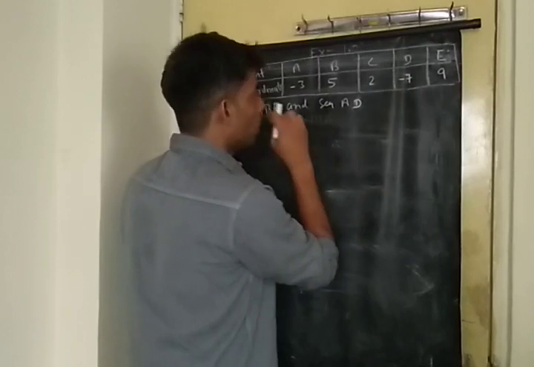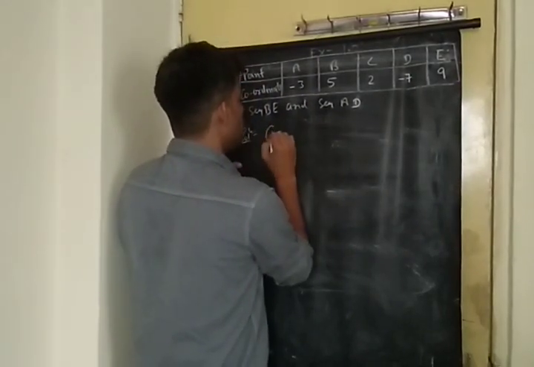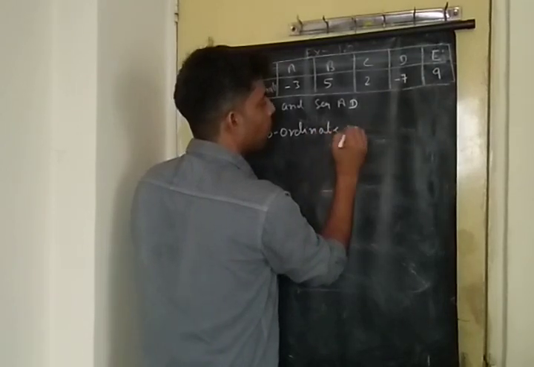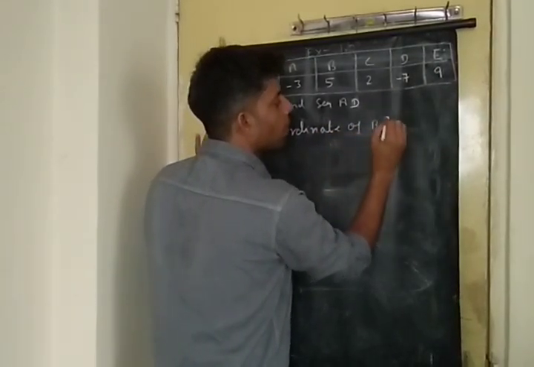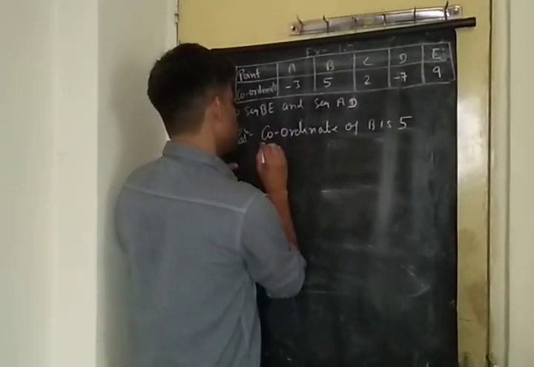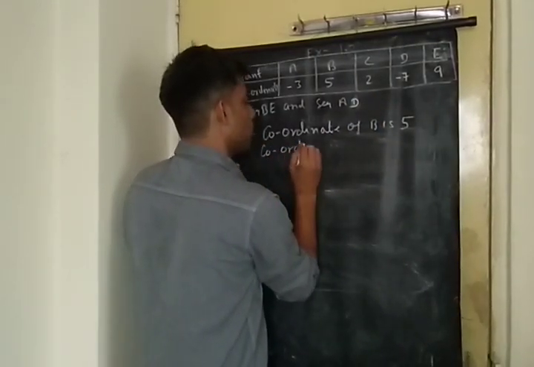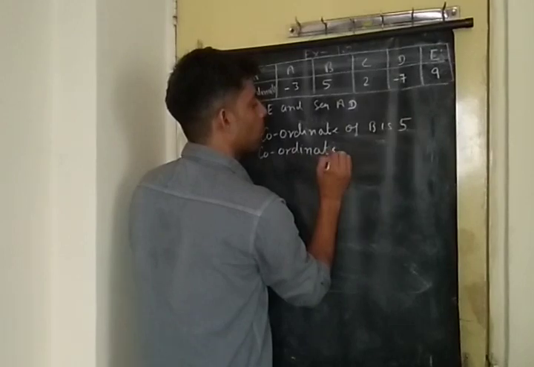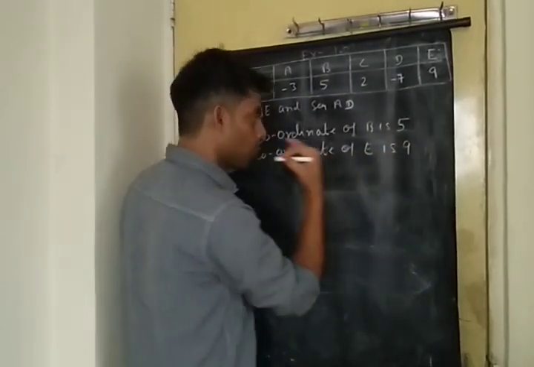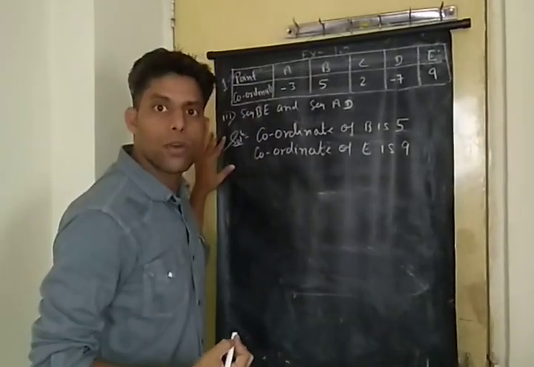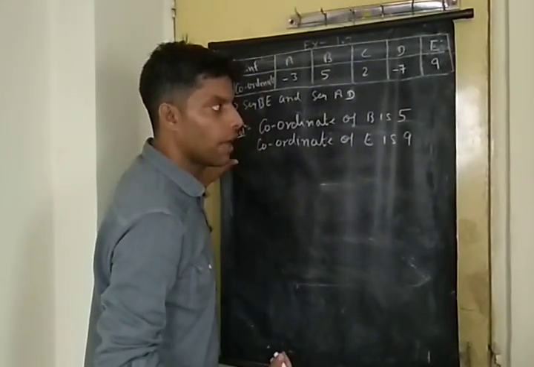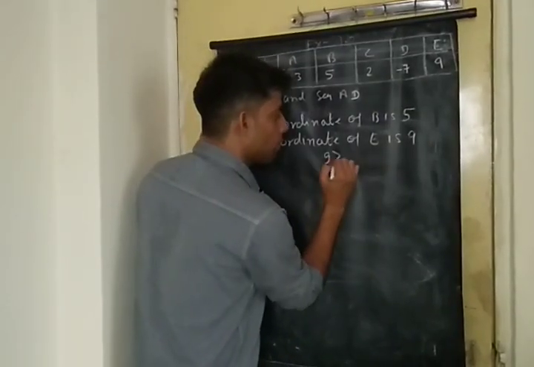We start with the solution. The coordinate of point B is 5, coordinate of E is 9. Now students, we need to decide which one is greater and which one is smaller. It's very simple, out of 5 and 9, 9 is greater than 5.